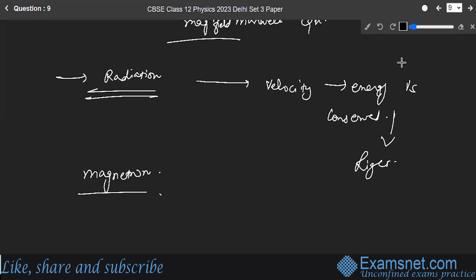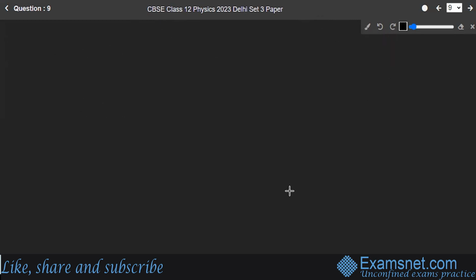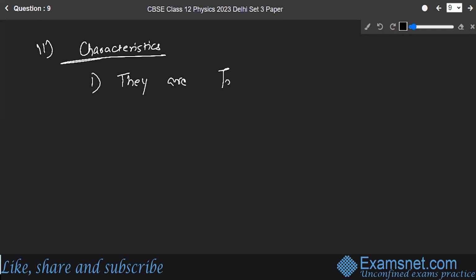Now, the second part of the question: you have to write down two characteristics of electromagnetic waves. First, they are transverse in nature.